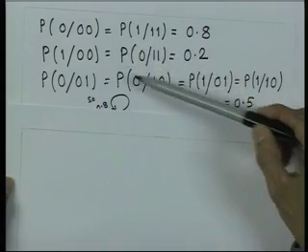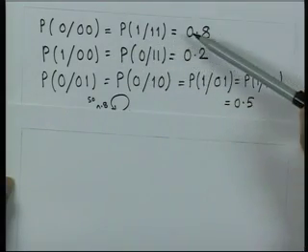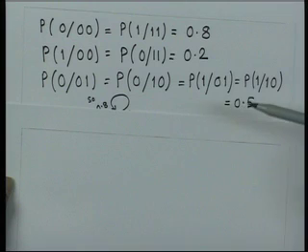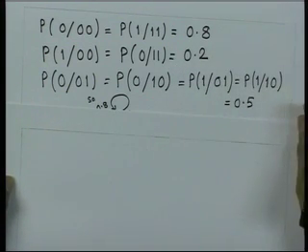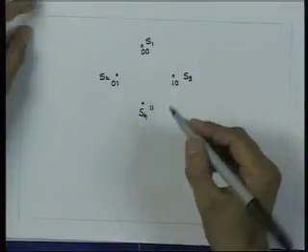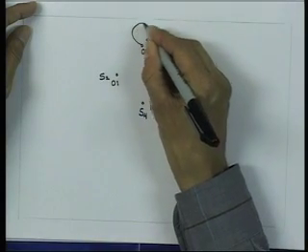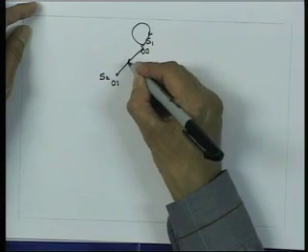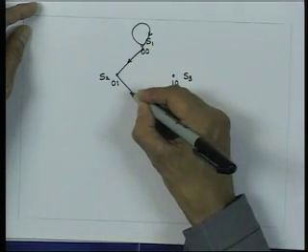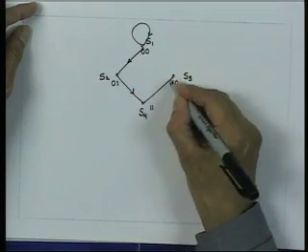Therefore, you have 4 states and the transition probabilities have been given as shown here. For this, we can draw the state diagram very easily, as I have 4 states S1, S2, S3, S4, and the state diagram for this is as follows.